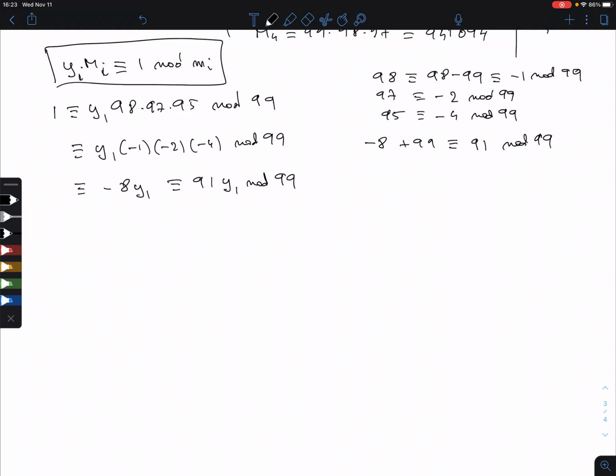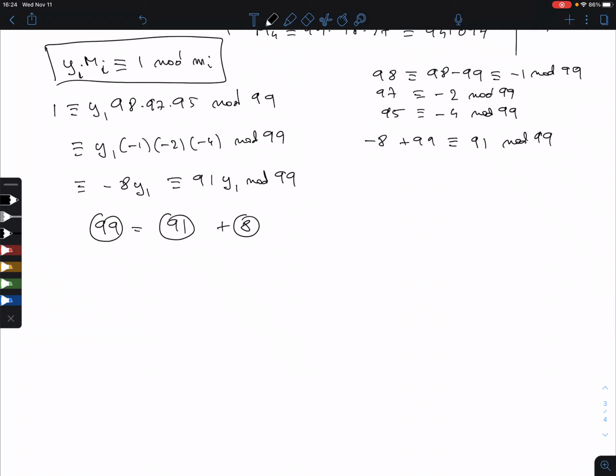It's very tricky if you use it with negative numbers. So now I'm going to have to find the inverse. So I do 99 is 1 times 91. You say, oh my god, there we go again. But look, the remainder is very, very small. In fact, we kind of knew that, right? That's going to be the remainder. And so now we do 91. How many times does 8 go in there?